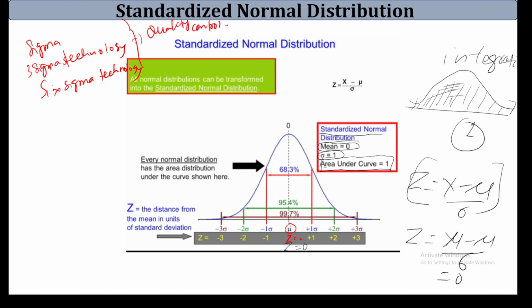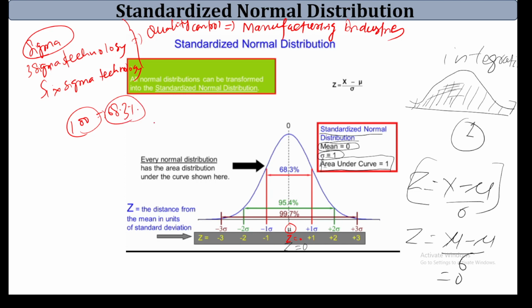I'm going a bit off topic, but I'll explain. In the manufacturing industry, if they take one sigma, let's say they have 100 samples. With minus 1 sigma to plus 1 sigma, they take 68.3% of the samples. So around 31 or 32% of the data is not included in our analysis, which means the efficiency, whatever we interpret from that data, will not be that accurate.